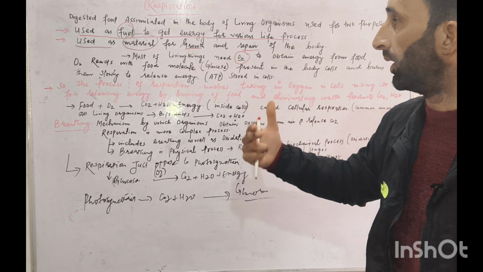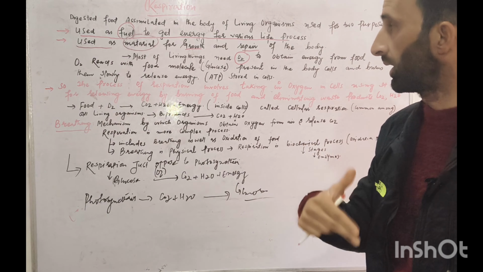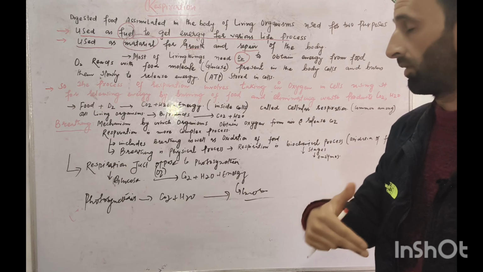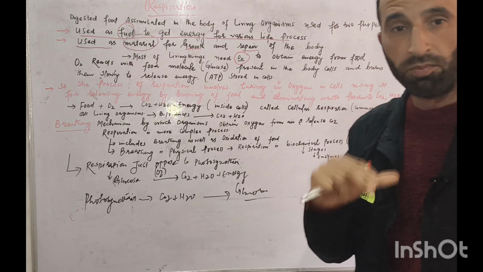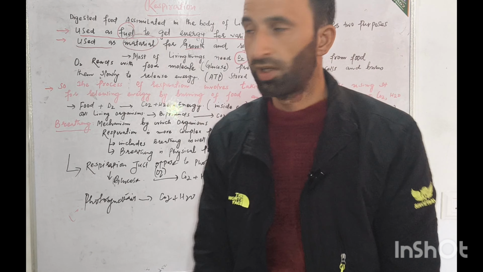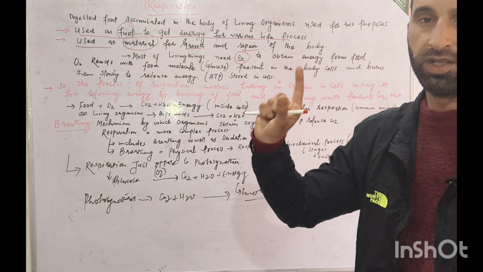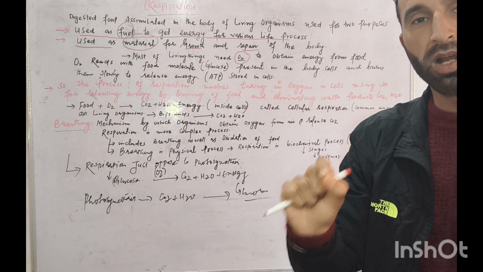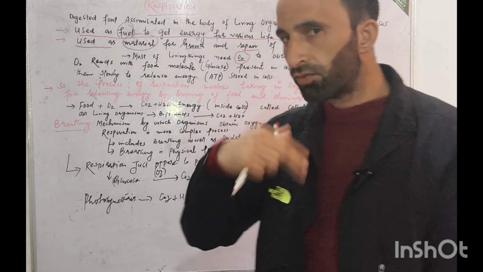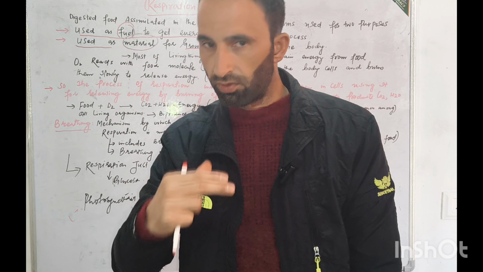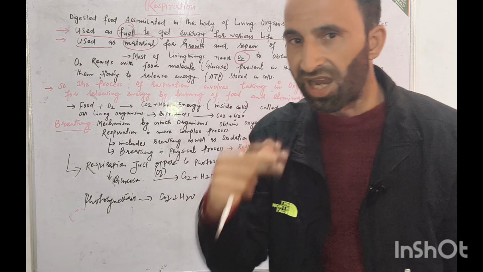Now, we have to see how this assimilated food is utilized in our body, and what happens inside the cells of an organism when we use this food. As you know, most living things need oxygen. Oxygen is important for life processes to obtain energy from food. We use oxygen so that the food we eat gets oxidized.